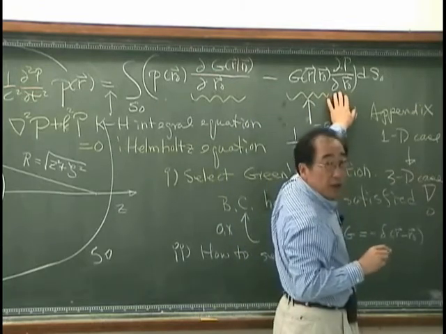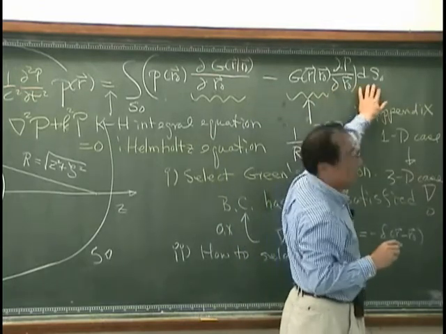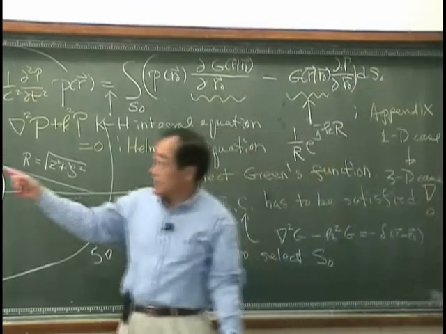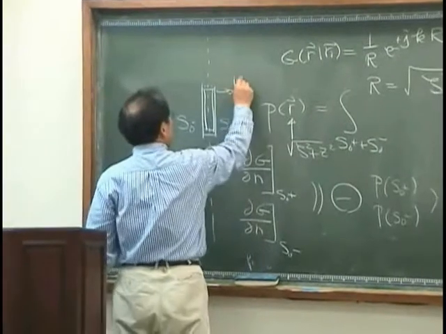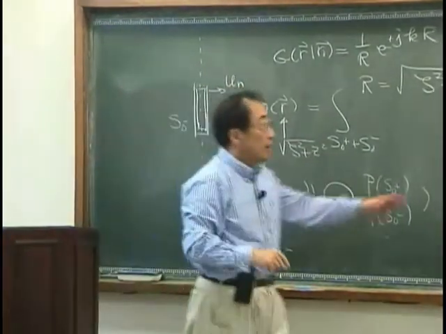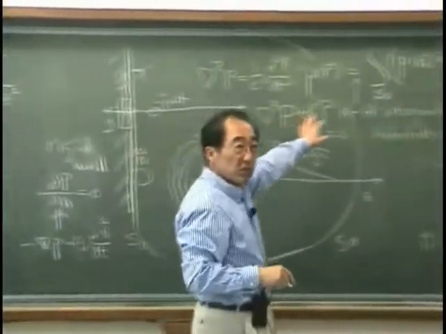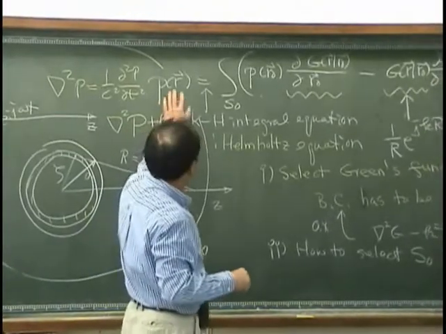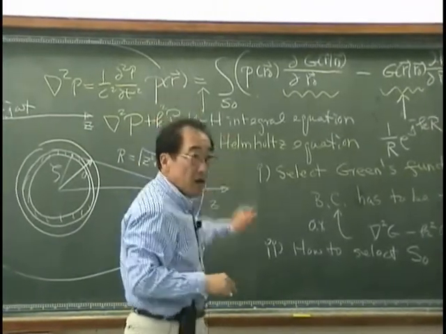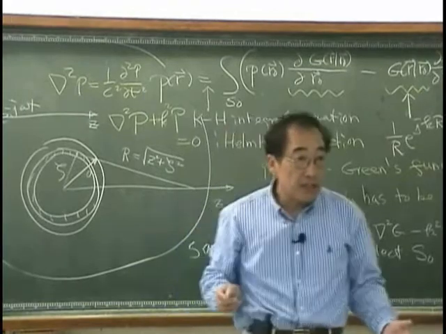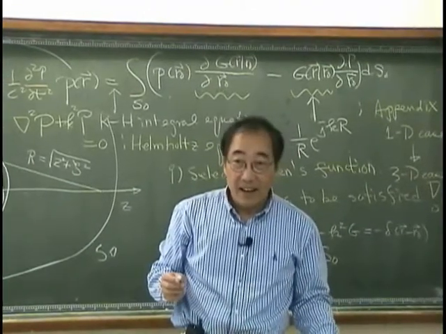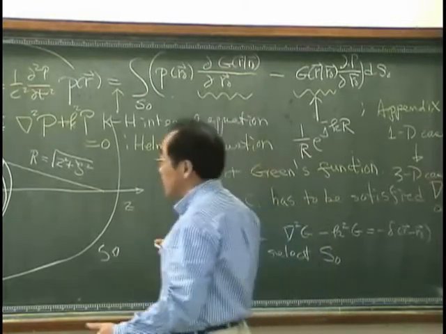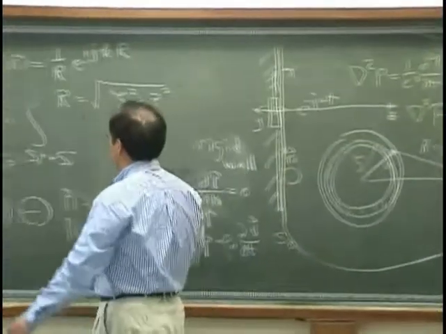Then, if I know the velocity on the surface, that in this case is prescribed as un, then this equation just gives me the pressure at any point of r. Isn't it fantastic? Okay, the result was very striking.